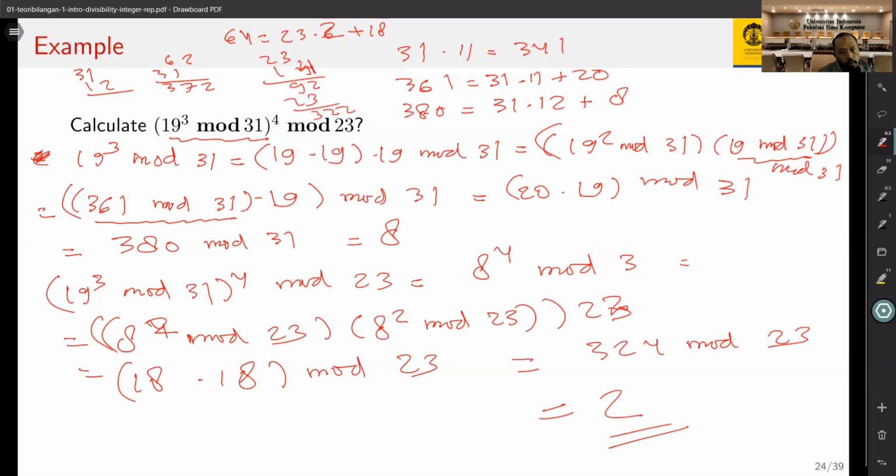The lesson here is that instead of performing the power directly, you could split up the operation so that you do simpler operations. All right, any questions so far?